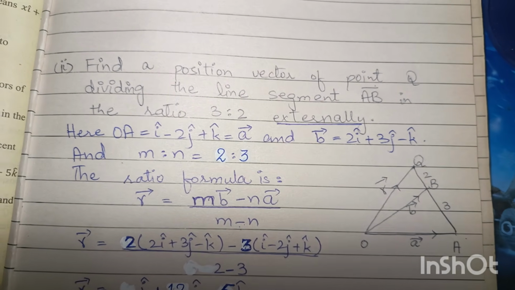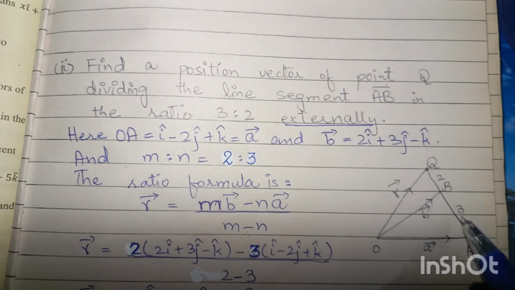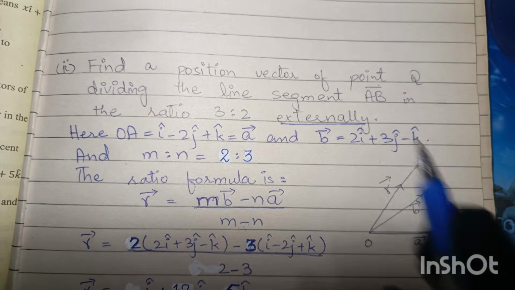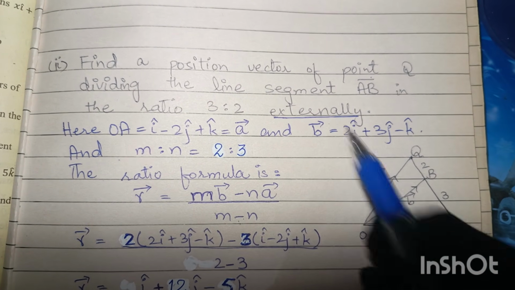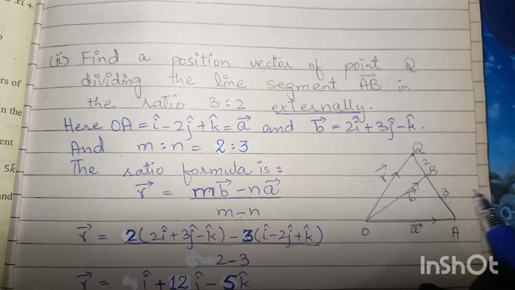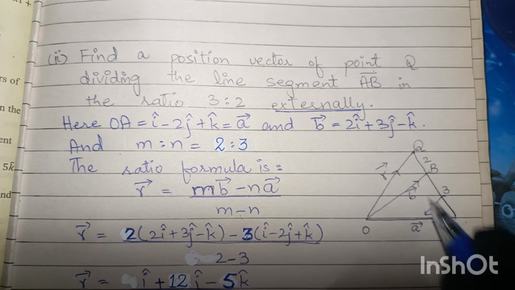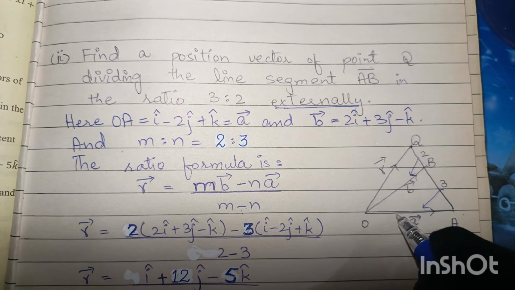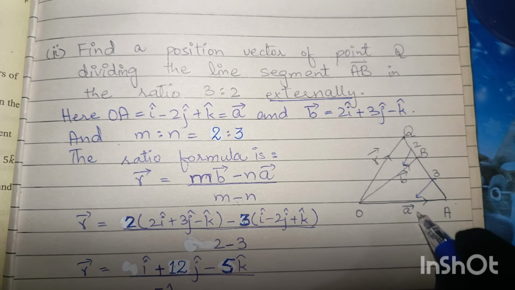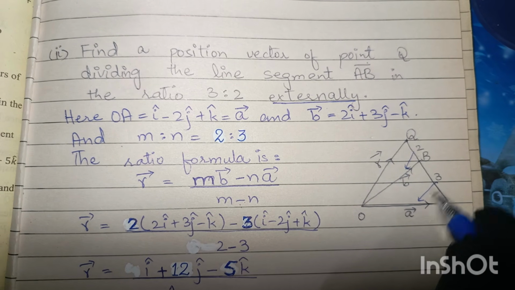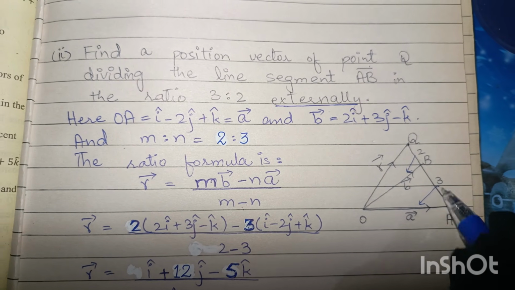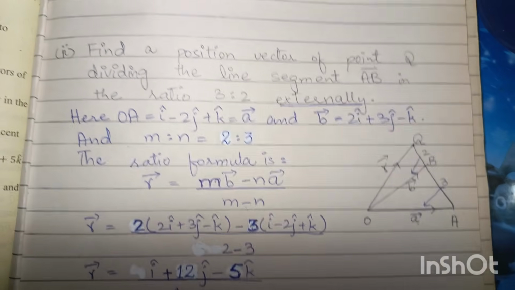So one more difference is here. In the question which uses the word externally, we multiply the same, for example, 3 with A and 2 with B. In this question we will not take the opposite; we will multiply the corresponding ratio with the corresponding vector.